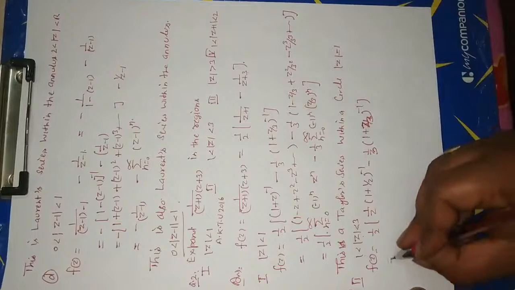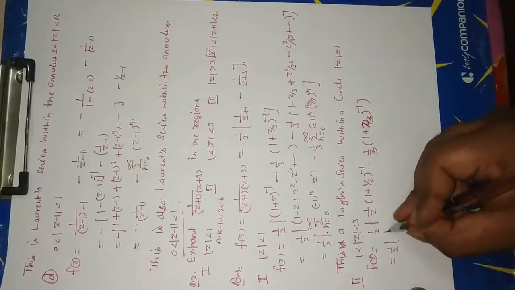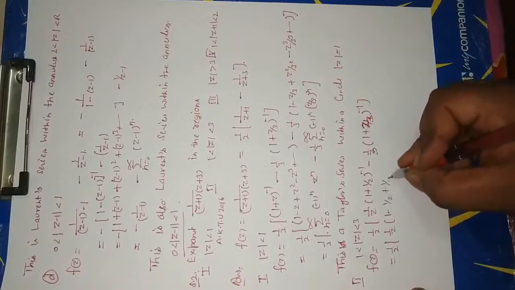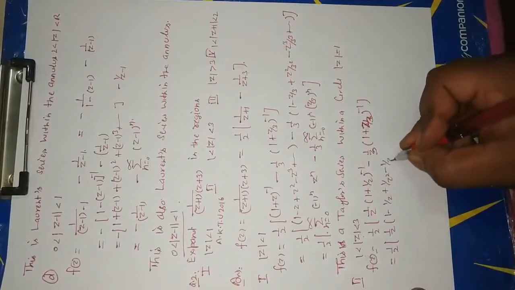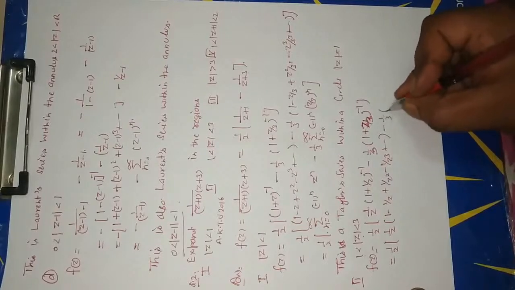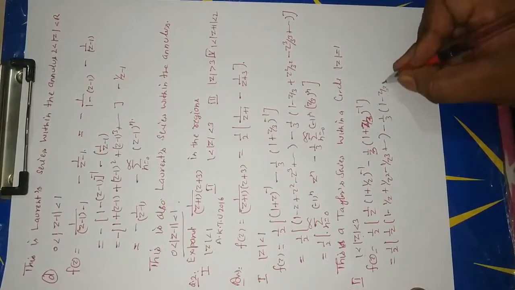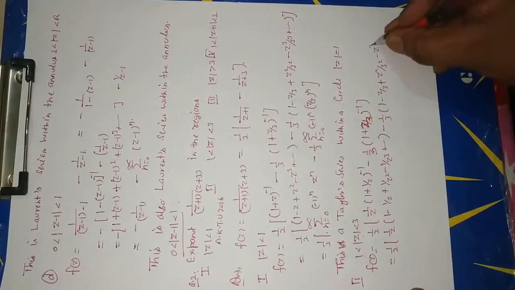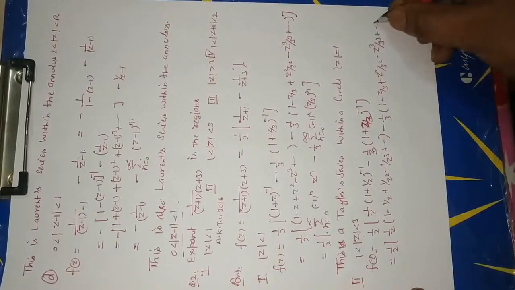Okay, this is equal to 1 upon 2 [1 upon z (1 − 1 upon z + 1 upon z² − 1 upon z³ + ...) − 1 upon 3 (1 − z/3 + z²/3² − z³/3³ + ...) infinite number of terms in this expansion].